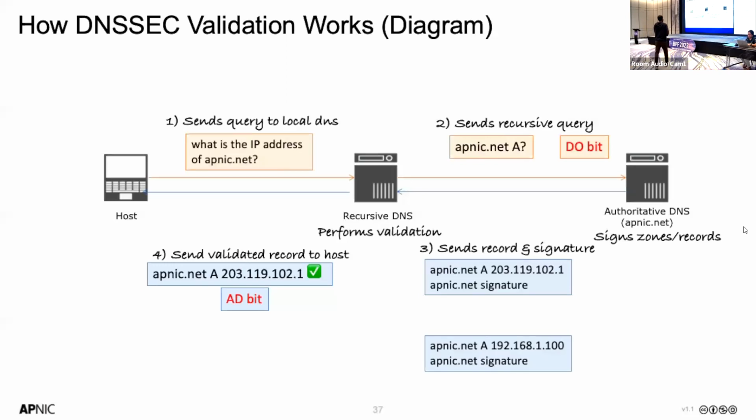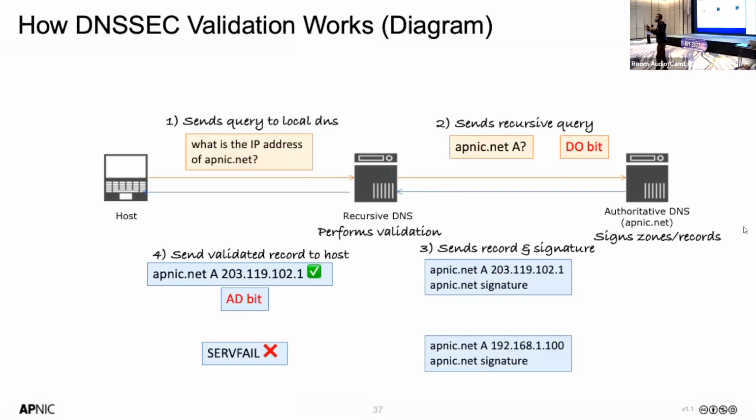So if someone pretends to be apnic.net and gives you a different answer, your resolver will understand that this is fake, and it's not going to give the host the fake IP address.